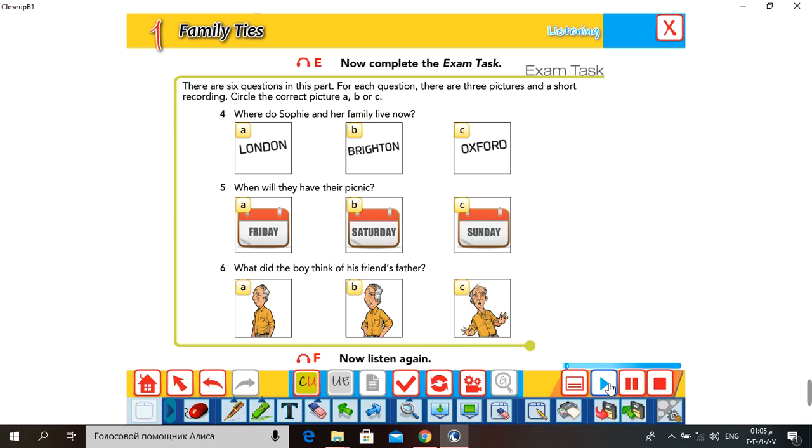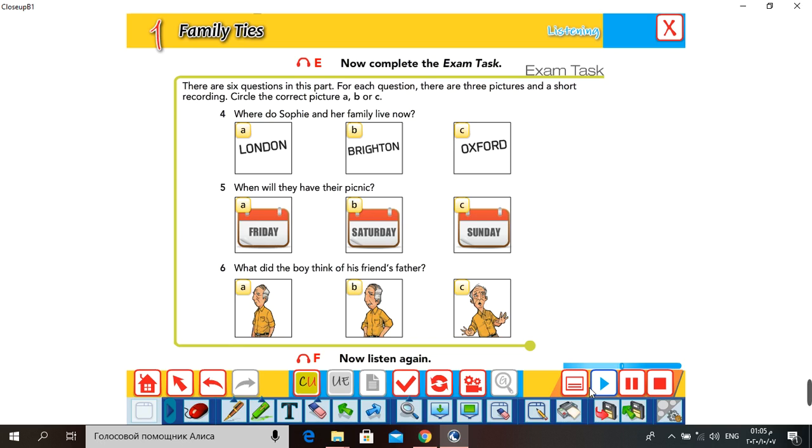4. Where does Sophie and her family live now? My cousin Sophie and her family are going to move to London. Oh, really? I thought they liked Brighton. They seem very happy here. Do they come from London then? No, they're from Oxford originally. 5. When will they have their picnic? Do you want to come for a picnic in the park this Saturday? Oh, I'm sorry, but I'm going to see my grandparents.